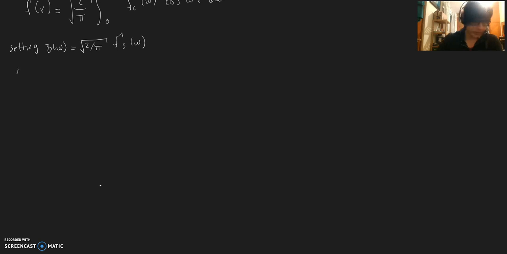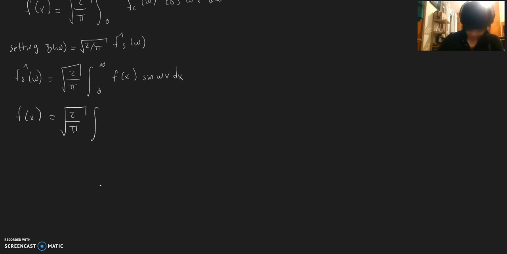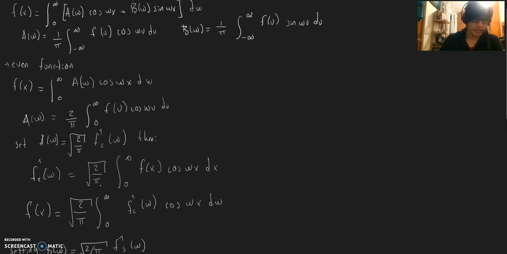We can consider that F_s(w) will be equal to the square root of 2 over pi, the integral from 0 to infinity of f of x sine of wx dx, and that f of x will be equal to the square root of 2 over pi multiplied by the integral from 0 to infinity of F_s(w) sine of wx dw. And why is that?